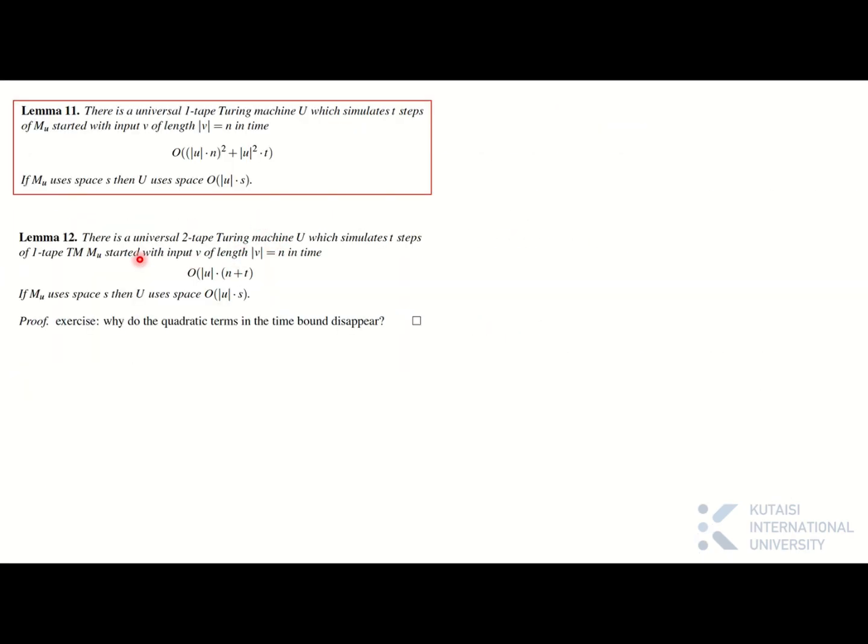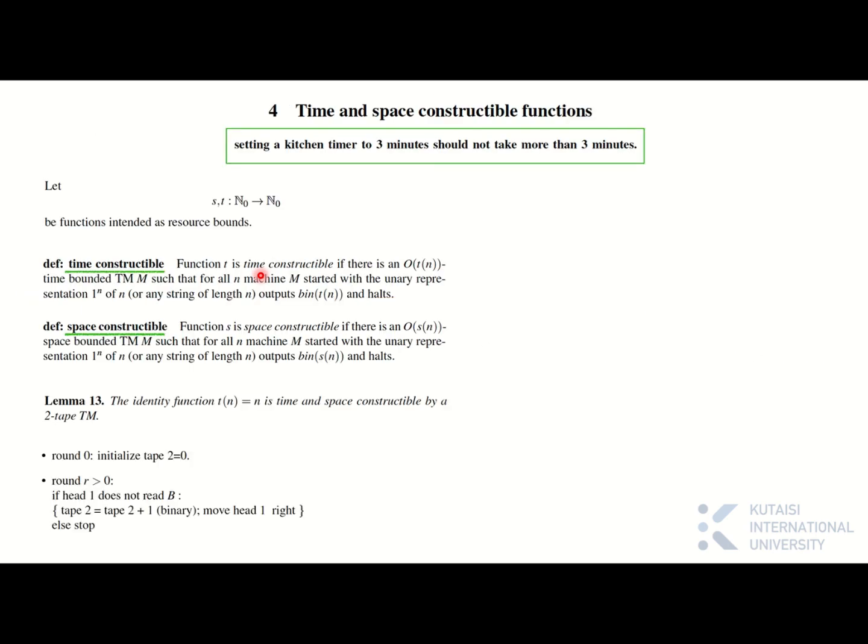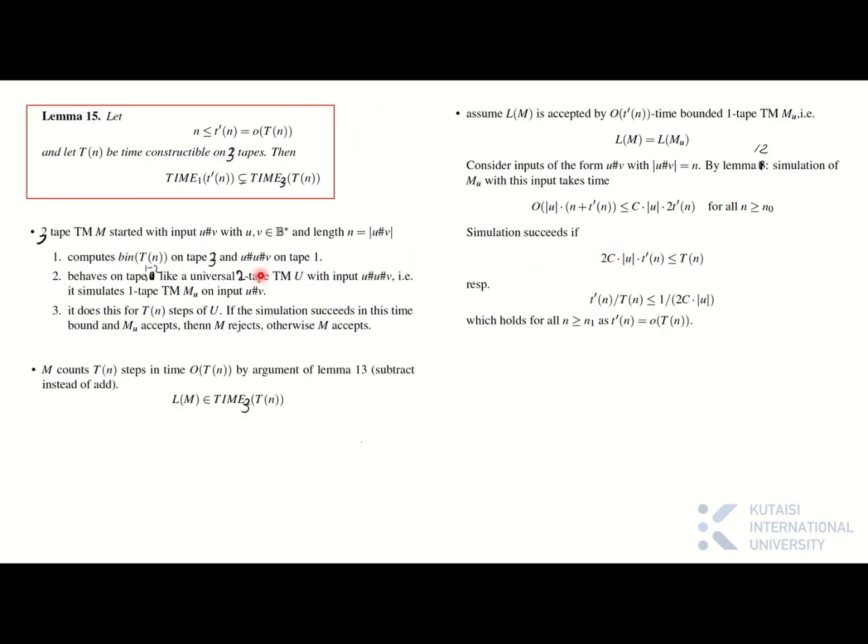Let me show you lemma 12. There exists a universal 2-tape Turing machine, which we left as an exercise, that simulates T steps in O(U times n plus T). So if the length of the input is n and you're simulating T steps, it takes U, the length of the code of the machine you're simulating, times n plus T. I'm rewriting this, but my machine works in T'n time, so I'm simulating T'n steps, so it takes O(U times n plus T'n). Since T'n is bigger than n, I can substitute to get U times 2 times T'n.